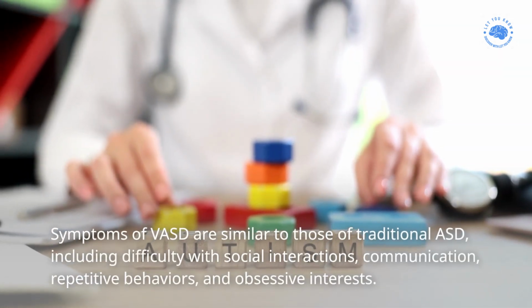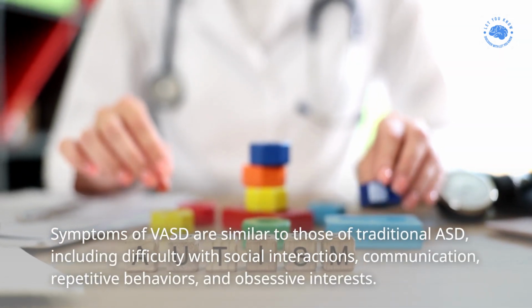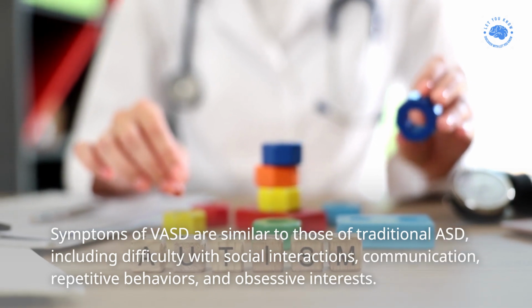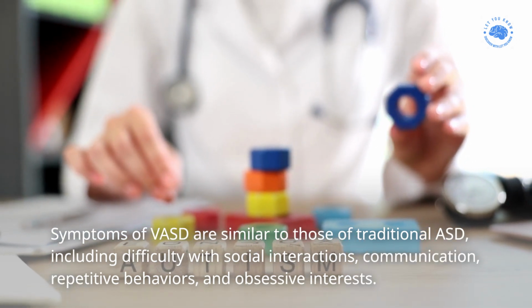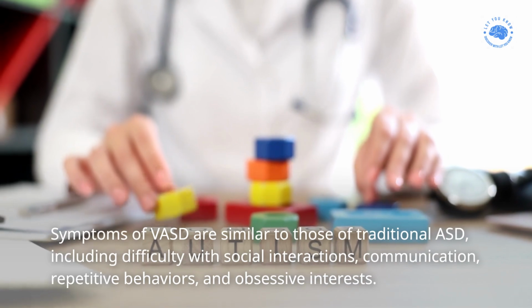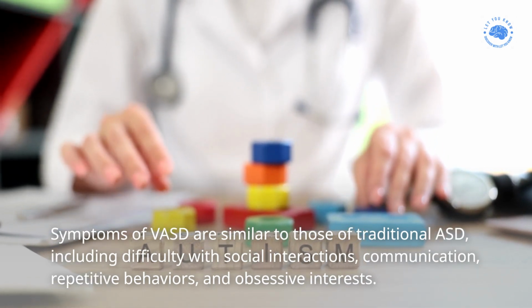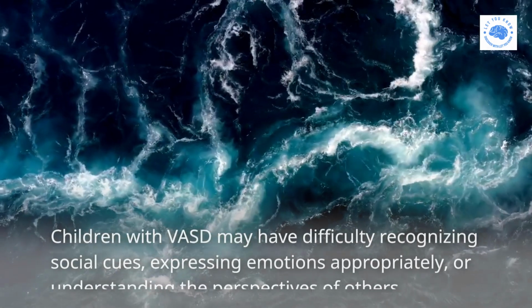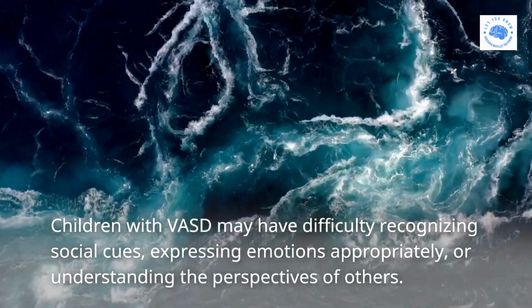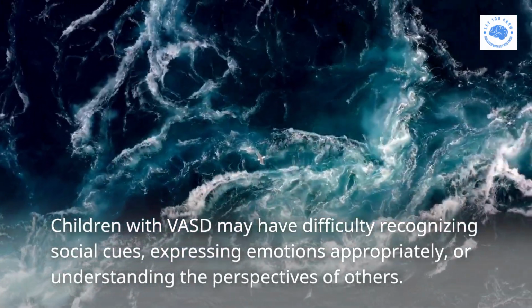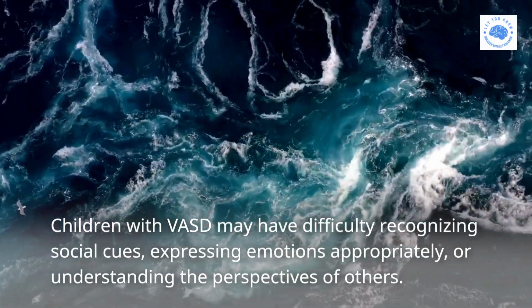Symptoms of VASD are similar to those of traditional ASD, including difficulty with social interactions, communication, repetitive behaviors, and obsessive interests. Children with VASD may have difficulty recognizing social cues, expressing emotions appropriately, or understanding the perspectives of others.